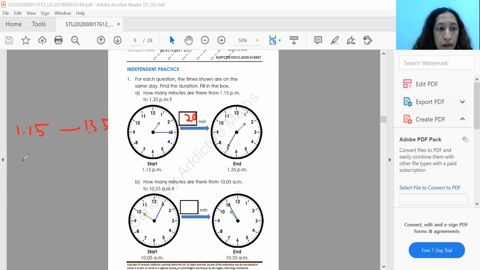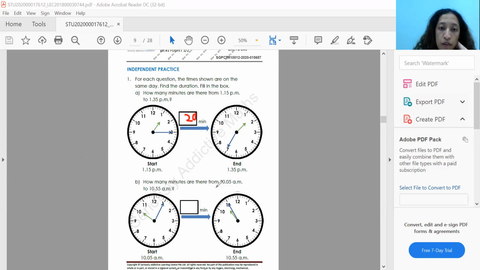If you're going to split them up, let's do 1:15 to 1:30. Okay, never mind. For this, it's pretty straightforward. So we could just use our fingers. 1:15, 1:20, 1:25, 1:30, 1:35. So there are 20 minutes.